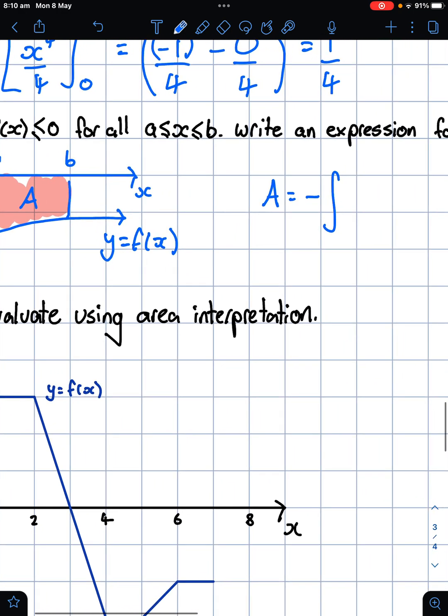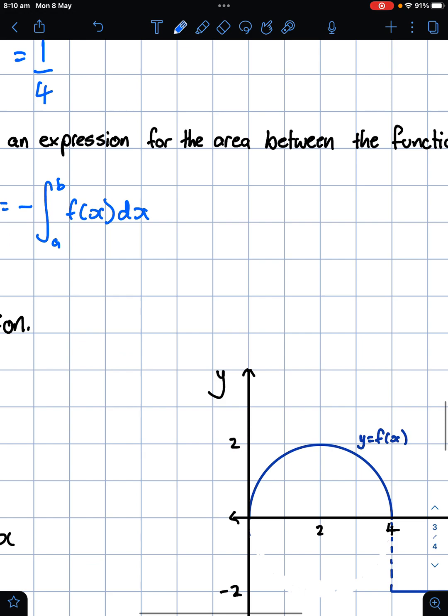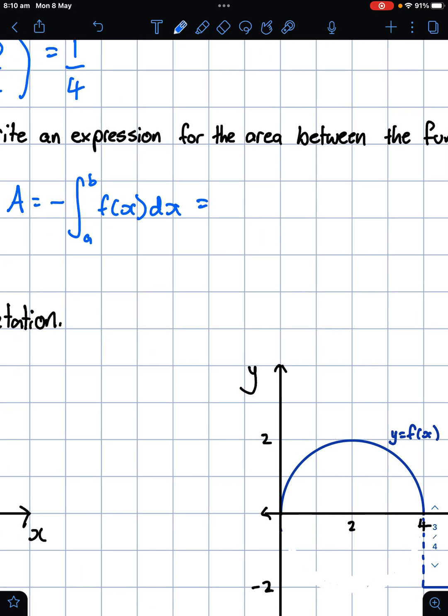So if we take the integral of f of x dx between a and b, it would equal the correct area, or we could do the integral from b to a of f of x dx.